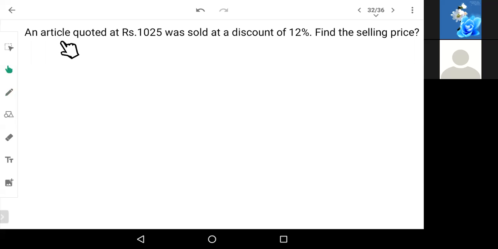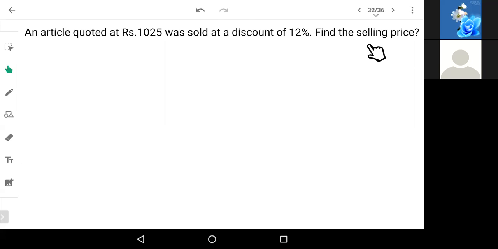So there is a product, an article means any product, that is, its rate is quoted as 1025 rupees. That is the amount, and it was sold at a discount of 12%. This was the amount quoted, but then they sold it at 12% less than the amount. So they are asking us to find the selling price of the article.